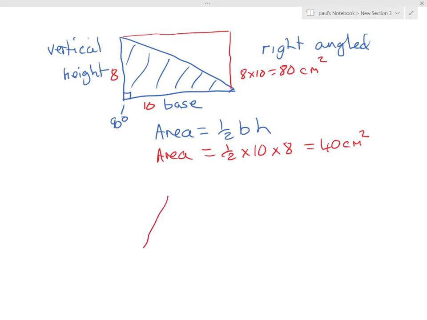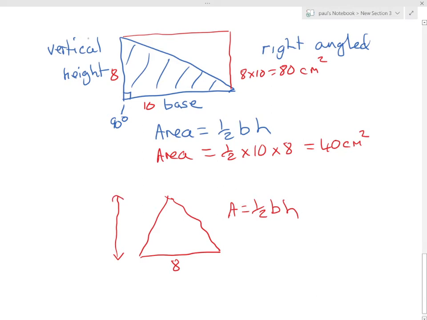Now, if you have a triangle like this, we're still going to use the area equals half base height. So call that 8. But we must now know the vertical height of this triangle, which call it 6 centimeters.